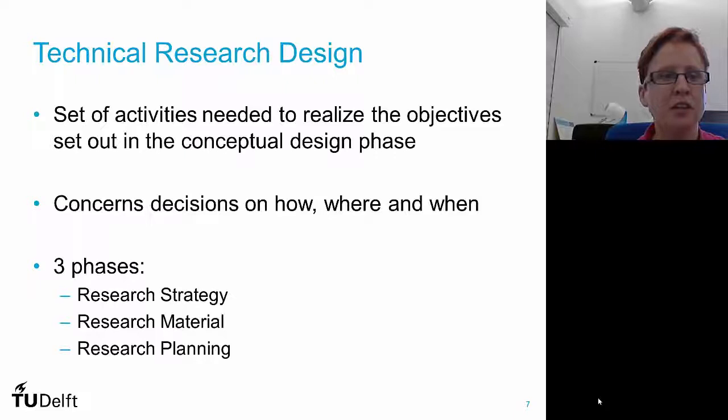The next phase is then the technical research design. That's the activities you need. That's where the doing gets planned. There you list the activities needed to realize the objectives set out in the previous phase, the conceptual design phase. It's very hard to concisely and well plan the activities if you haven't got your objectives clear. For instance, let's say I want to investigate the human factor errors in maintenance.